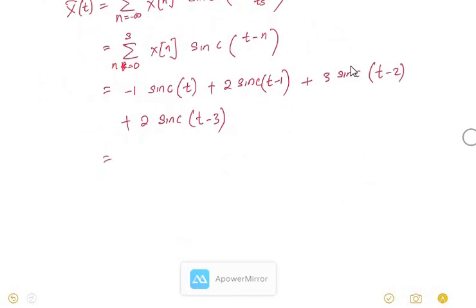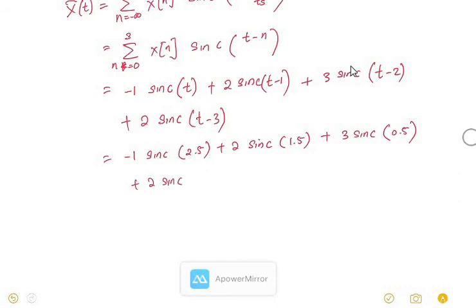Okay, so I simplify it. The t in the question is 2.5. So you get 1.5 here, plus 3 sinc(2.5 minus 2), you get 0.5, plus 2 sinc(2.5 minus 3), you get negative 0.5.